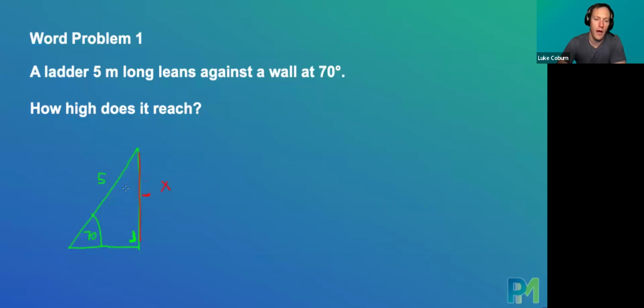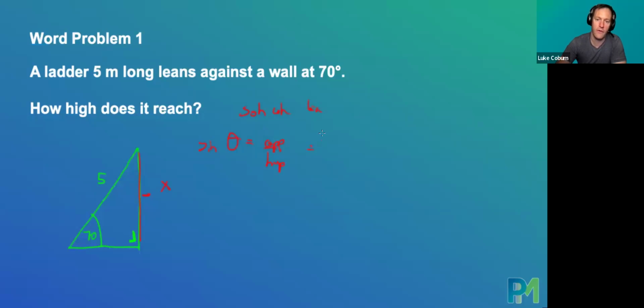Okay. So I have a triangle. I have this angle here. I'm looking for the opposite side, and I have the hypotenuse, the longest side. So what am I going to have to use? SOH-CAH-TOA. And the one that I want to use is sine. Sine of theta is equal to the opposite over the hypotenuse.